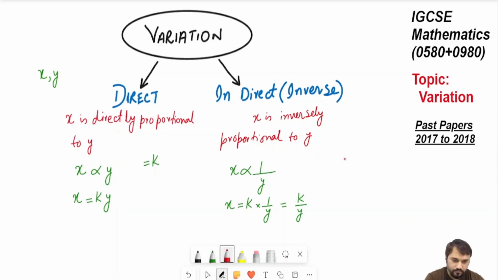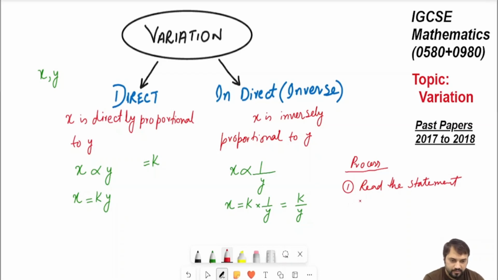That's it. But before starting the question, let me tell you the process or criteria, how to solve the questions. Number one, we should read the statement very carefully. Then you will know how many quantities are related, and whether it is a direct or indirect question.